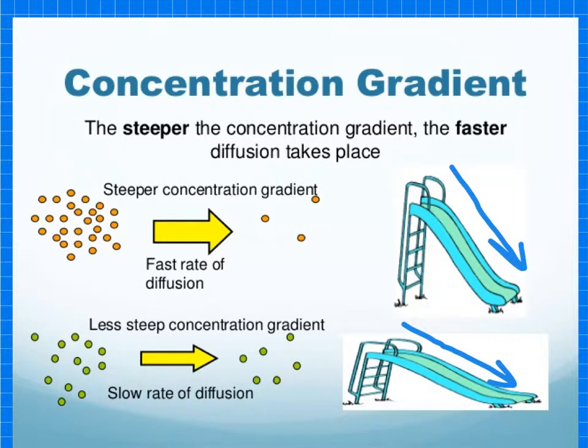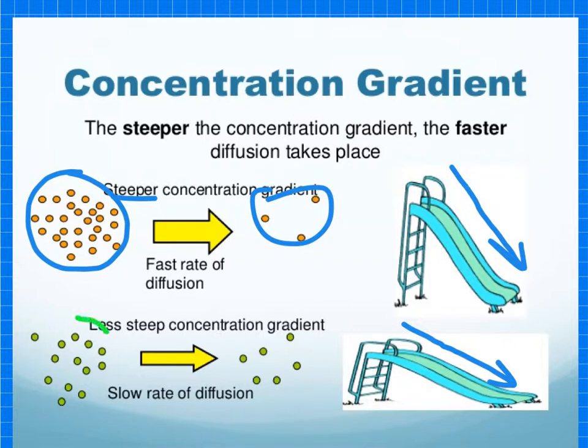Relating that to the rate of diffusion, a steeper concentration gradient means there are more molecules on one side compared to the other. Whereas with a less steep concentration gradient, there is still a higher amount of molecules on one side, but the sides are more equal. Therefore there'll be a slower rate of diffusion.